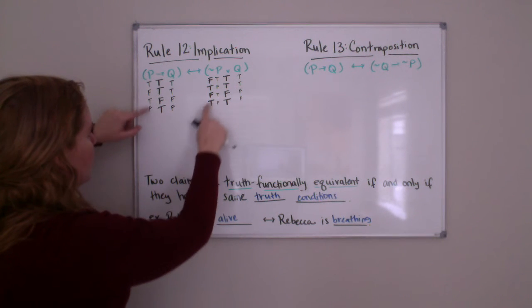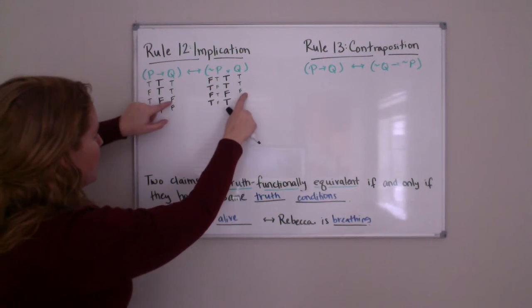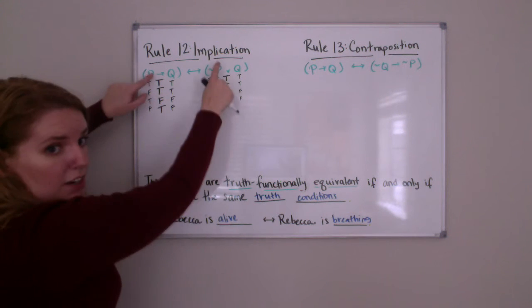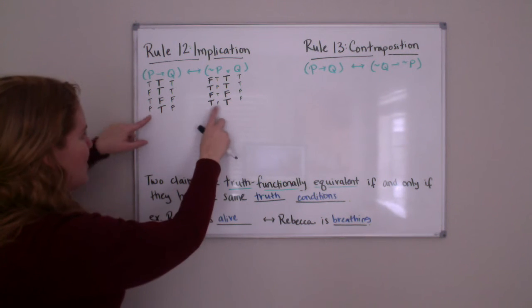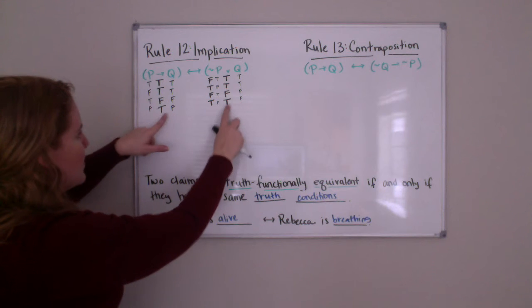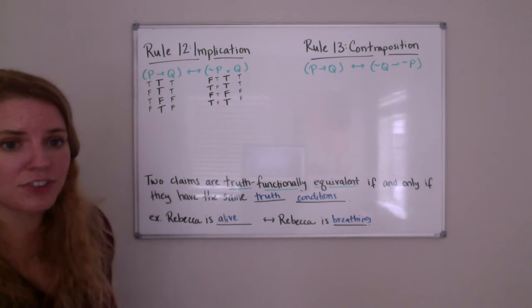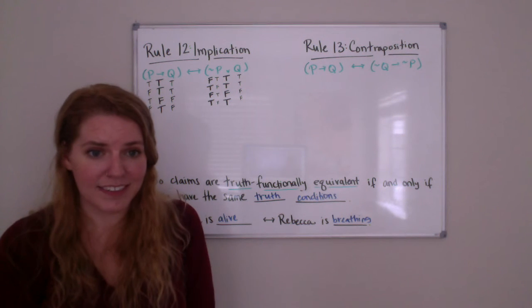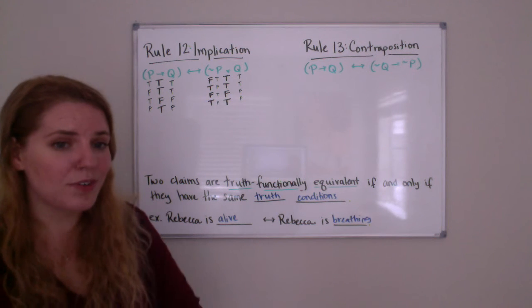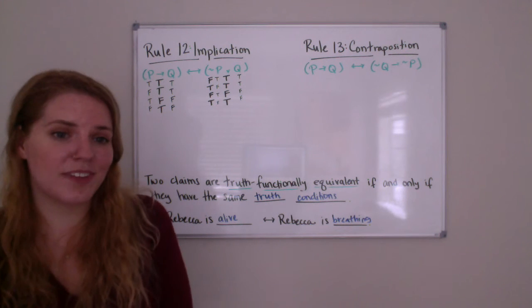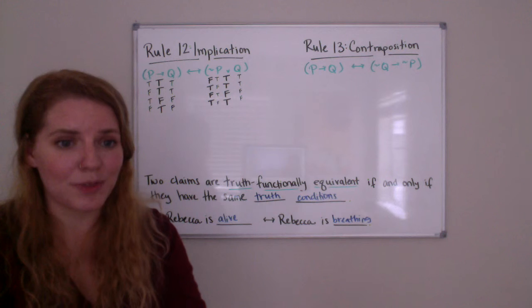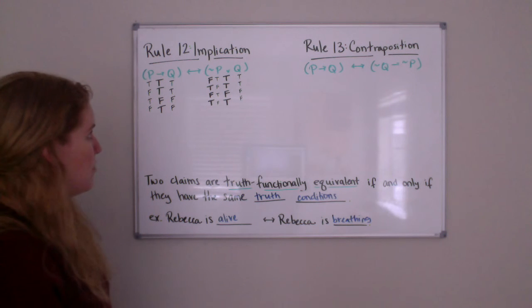In the situation in which P is true and Q is false, both of these claims are false. And in the situation in which P is false and Q is false, both of these claims are true. They have the same truth conditions. Okay, so here we see that these two claims are truth functionally equivalent. They have the same truth tables.